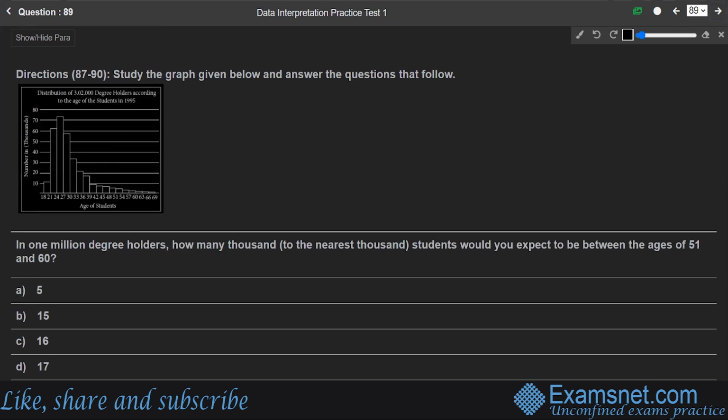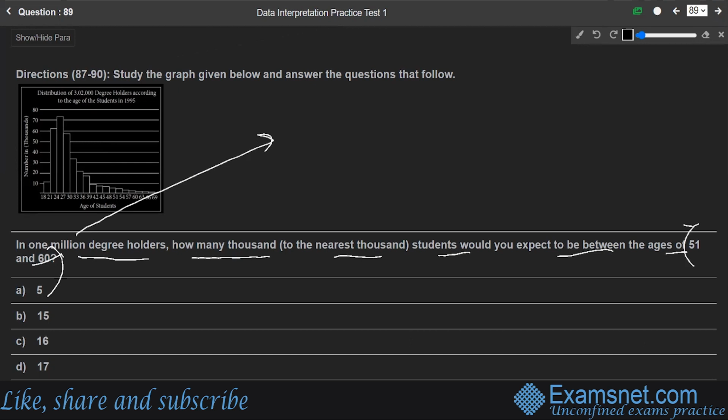Now, with the same bar graph, we are supposed to answer a different question. Question is, in 1 million degree holders, how many thousand, to the nearest thousand, students would you expect to be between the age of 51 and 60? What they are saying is, if the total number of students is not 3,02,000 but 1 million, then out of those 1 million, how many thousand students would you expect to be between age 51 and 60?